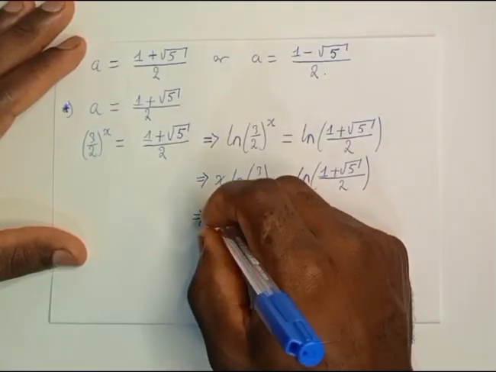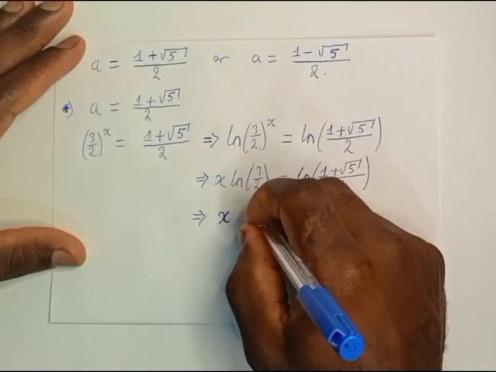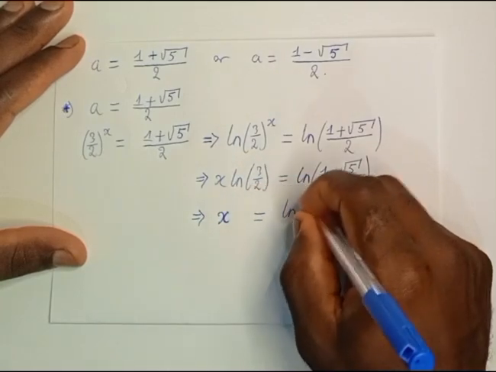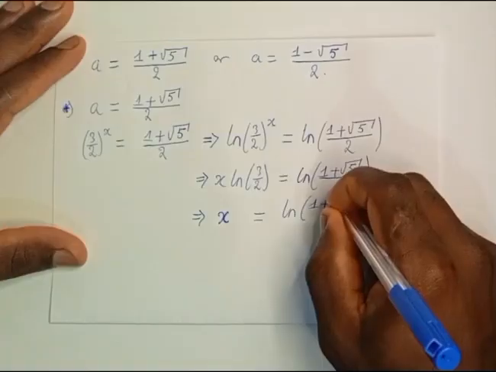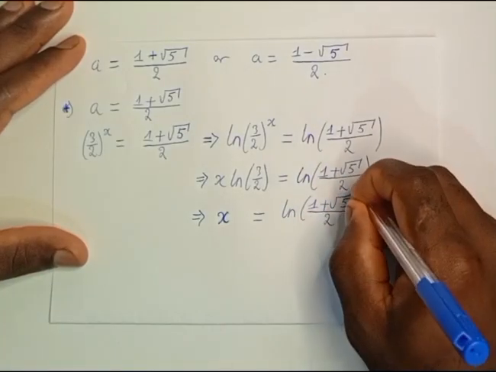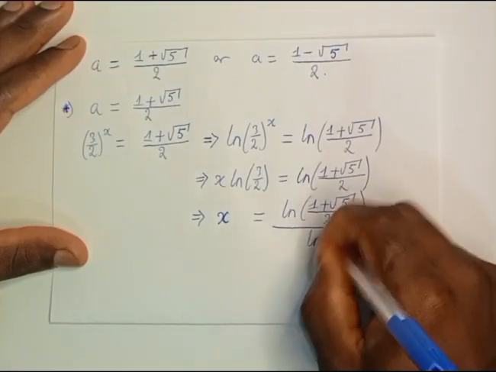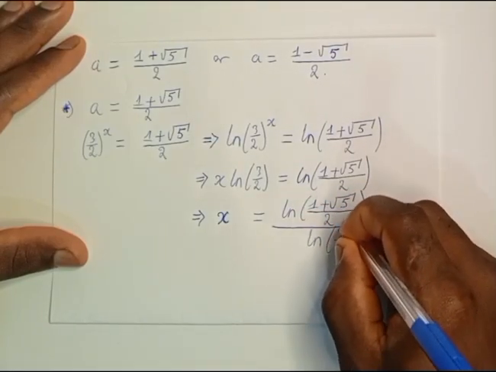Then x will be equal to the ln of 1 plus root 5 all over 2 divided by the ln of 3 on 2.